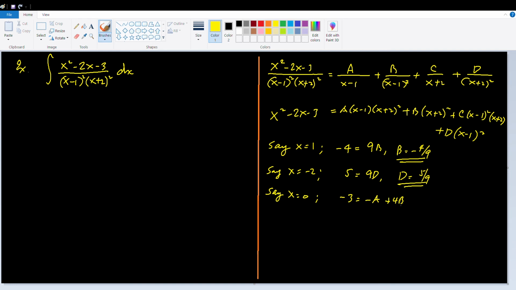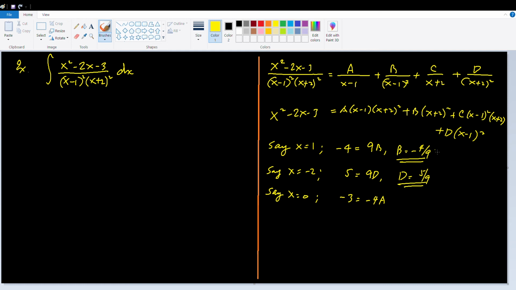Wait, I think I committed a mistake there. Again, when x is 0, 0 minus 1 is negative 1, and 0 plus 2 is 2, squared is 4. So that should be negative 4a.